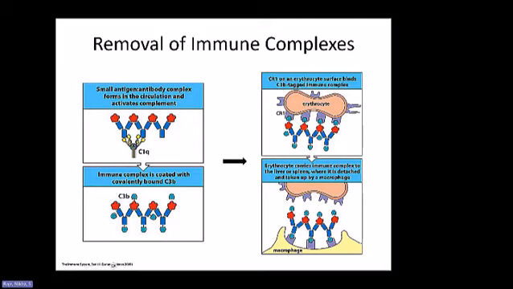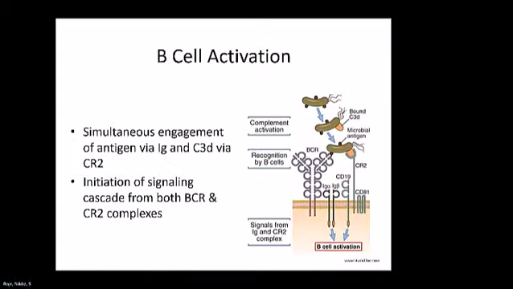Erythrocytes: if they are targeted by some of these immune complexes, like those tagged by C3b, the erythrocytes carry the immune complexes to the liver or spleen, where they are detached, and then those immune complexes are taken up by the macrophages.